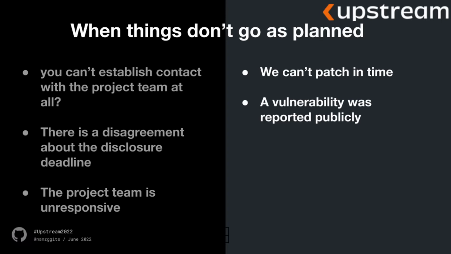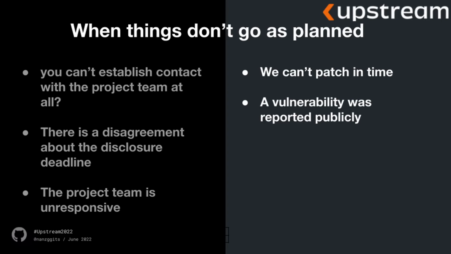Otherwise, when the deadline approaches, make sure as a reporter to reiterate your intention that you want to disclose all the details at that date. That means doing a full disclosure. And ultimately, you can disclose at the date that you set in your policy.